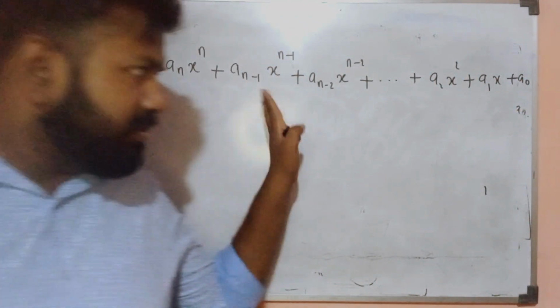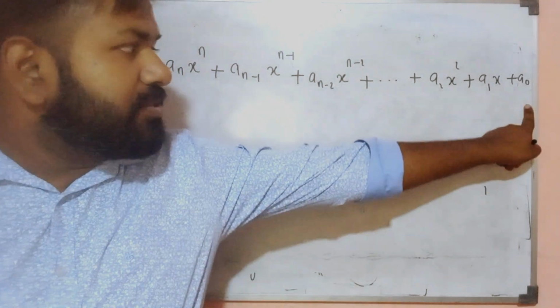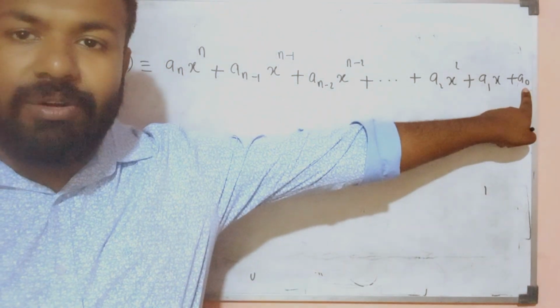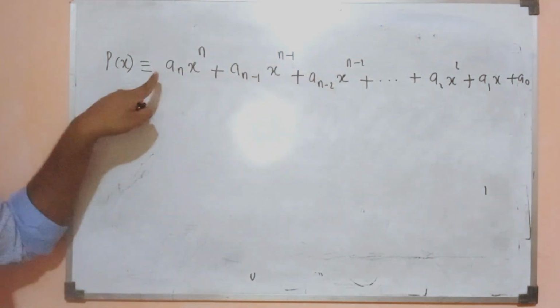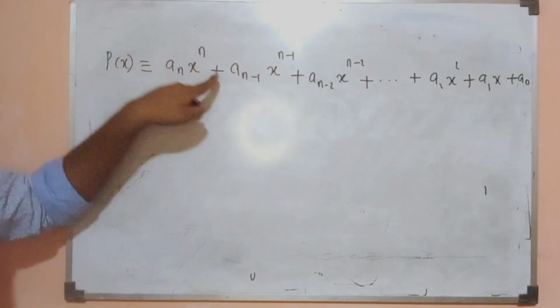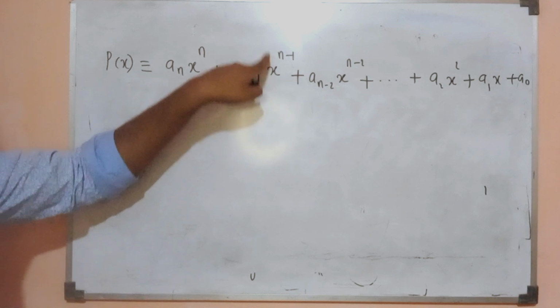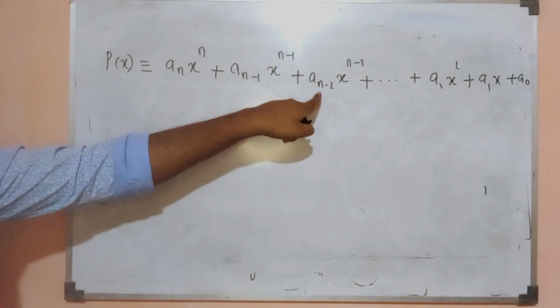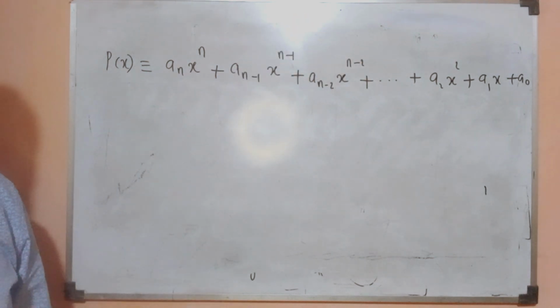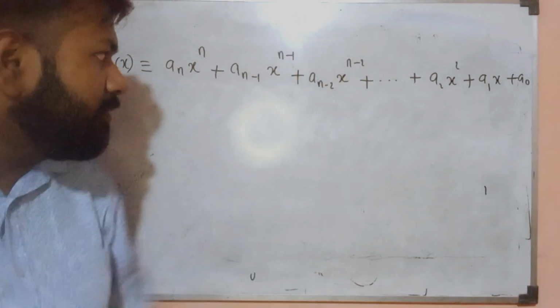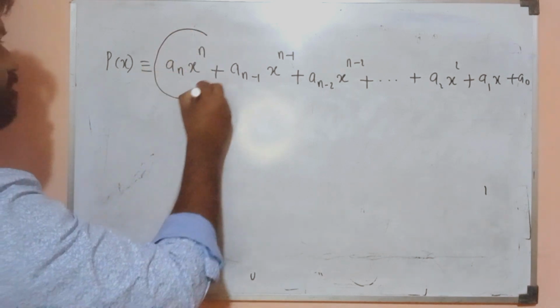Always remember, sometimes there will be single numbers. Here a_0 is a number. Each of these is a term: a_n x to the power n is a term, a_(n-1) x to the power n minus 1 is another term, and a_(n-2) x to the power n minus 2 is another term.